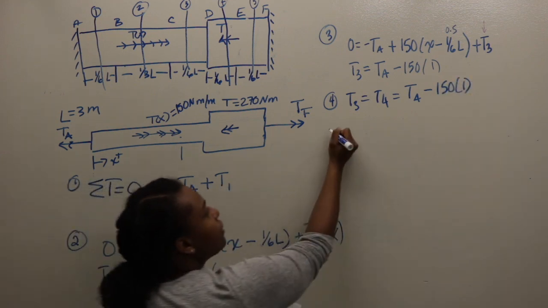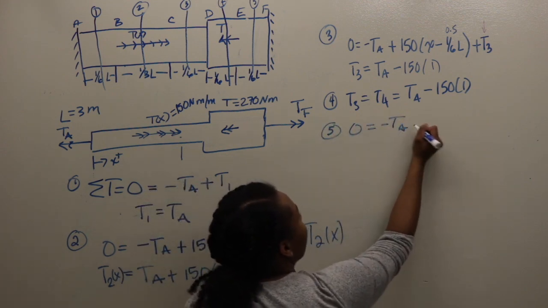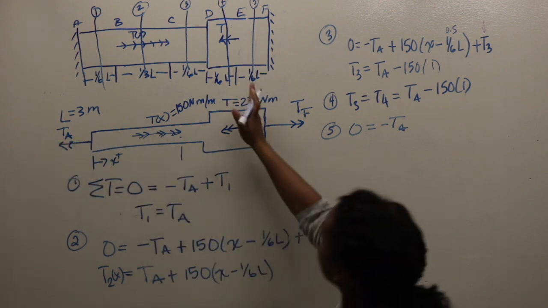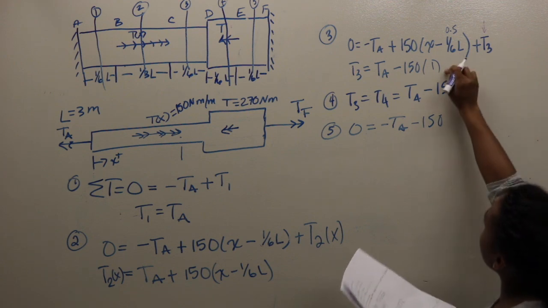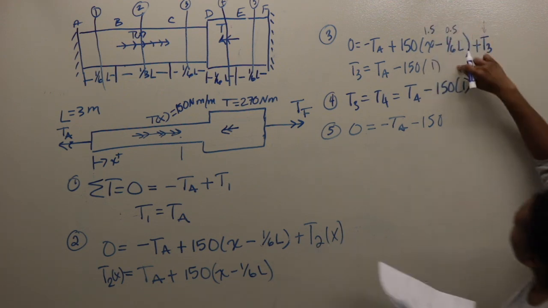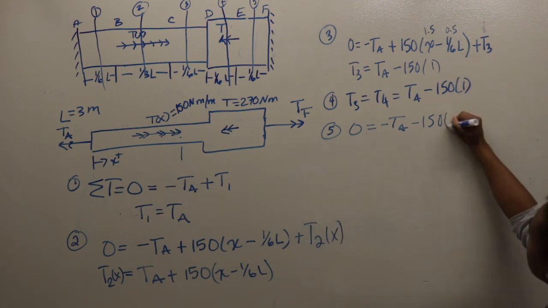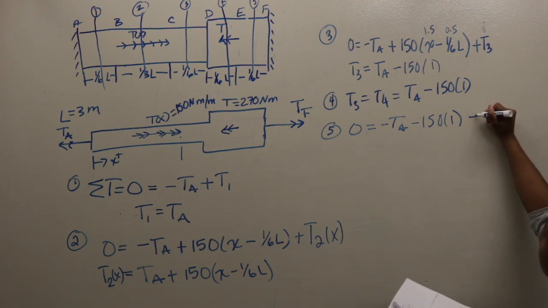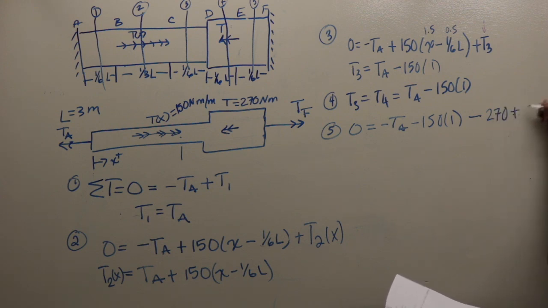And the last one, the fifth equilibrium equation, is 0 equals negative reactive torque. So I'm going from this side all the way to here, minus 150. And again, we're going to do it like this, where x is 1.5, and 1/6L is 0.5 because L equals 3. So it'll be 1 minus, and then it will be minus 270, which equals, plus the reactive torque, number 5.